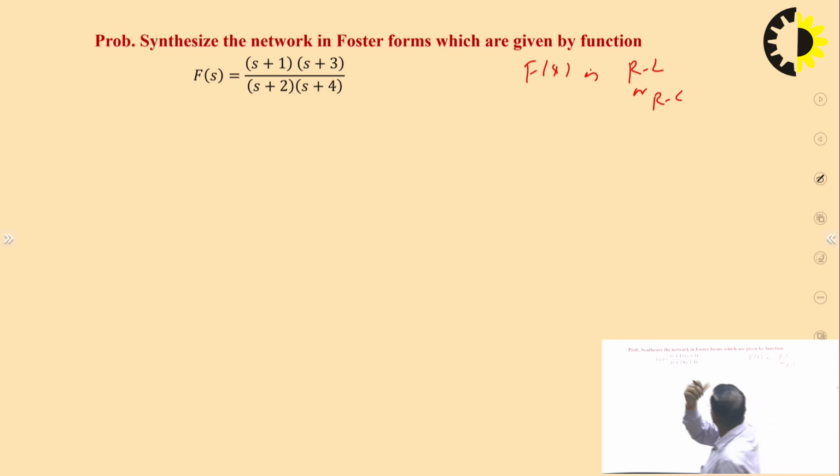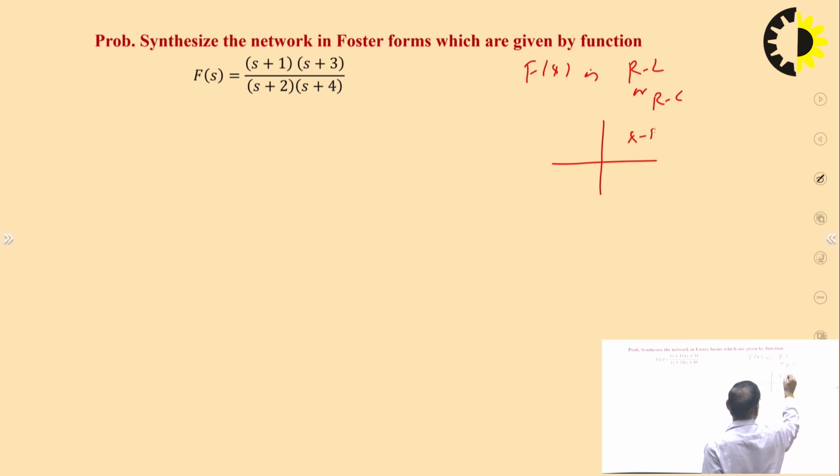So first look at this function. Just draw here the S plane. This is your sigma, this is your j omega. The singularity nearest to origin is a 0.